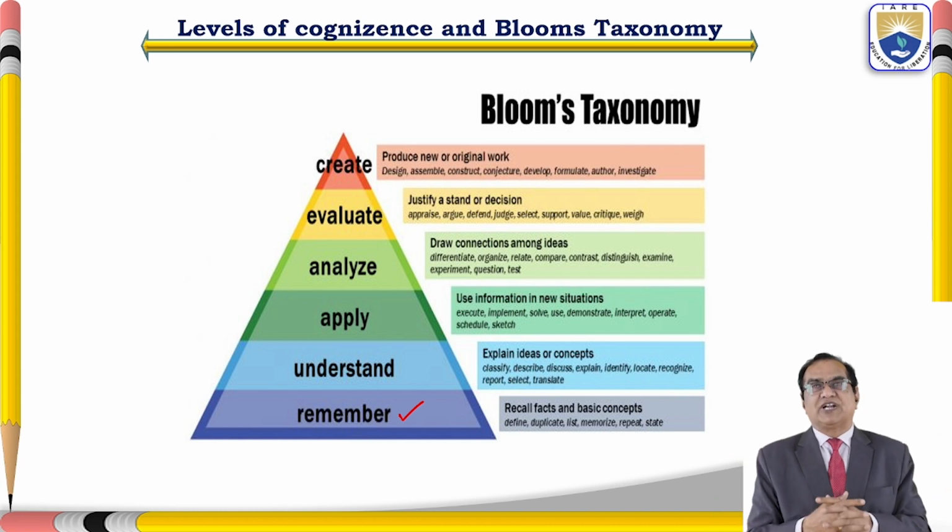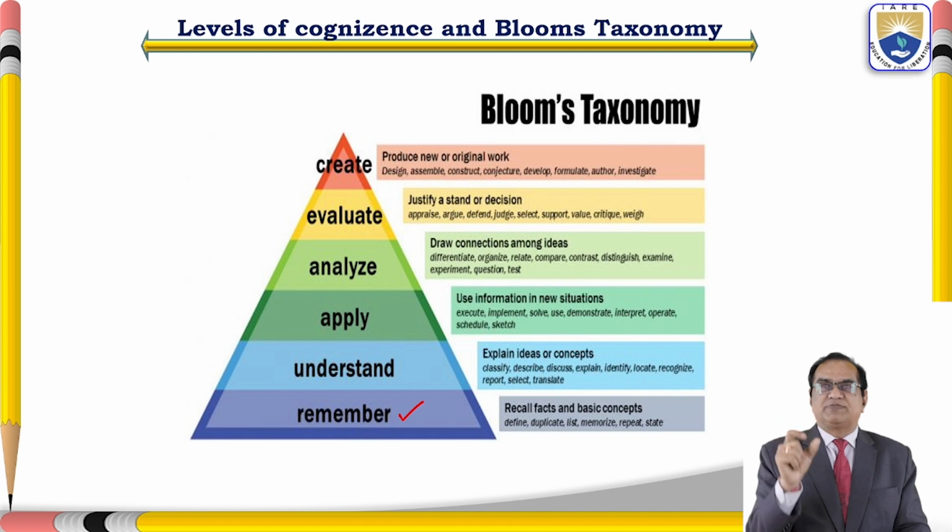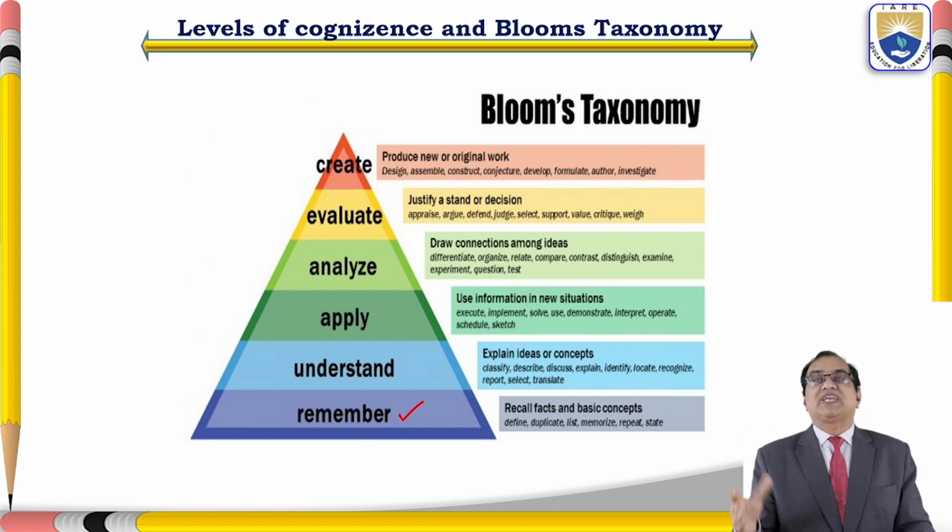Out of that, whatever is required for our objective, whether we are able to meet it or not, whether we are able to justify the analysis which we have done, out of that we got some result. That result has to be a justified stand, and then only can we take the decision on which one is the best solution for that problem.